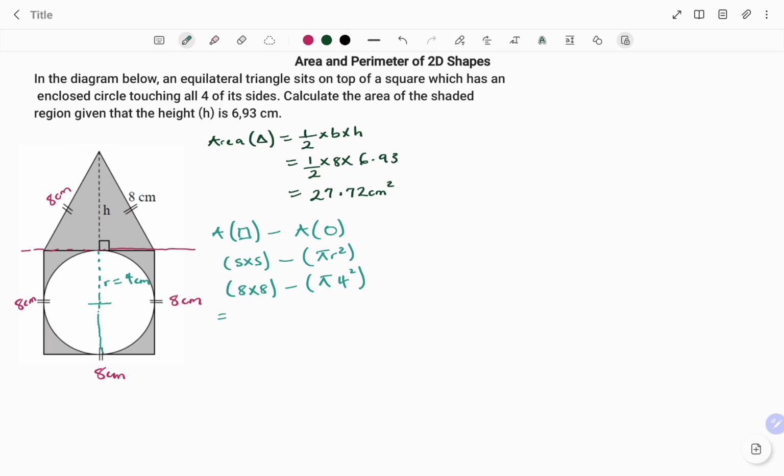That will give us 64, that's 8 times 8, minus 50.27. So the area of the shaded region below will be 13.73 centimeters squared.